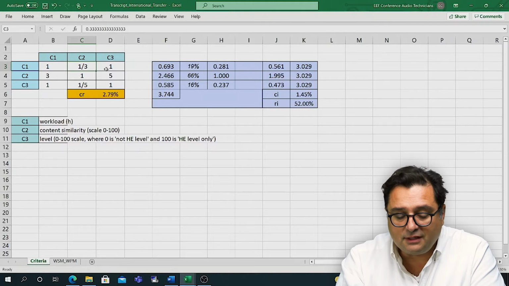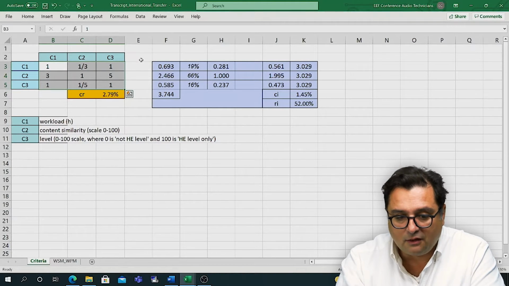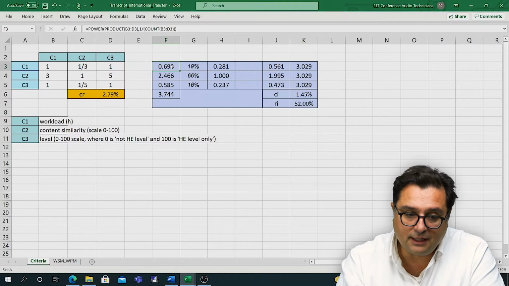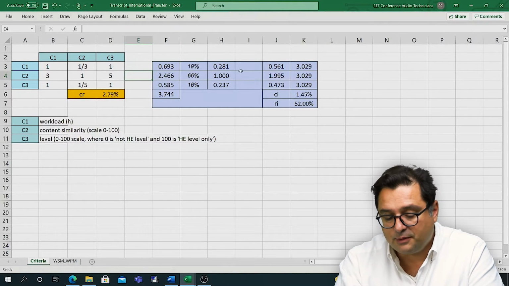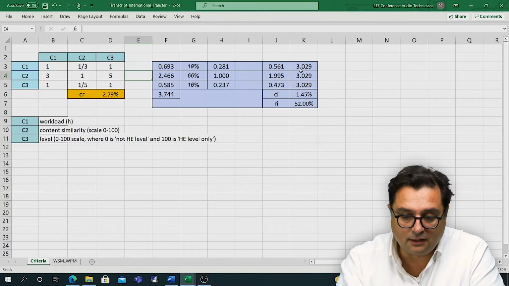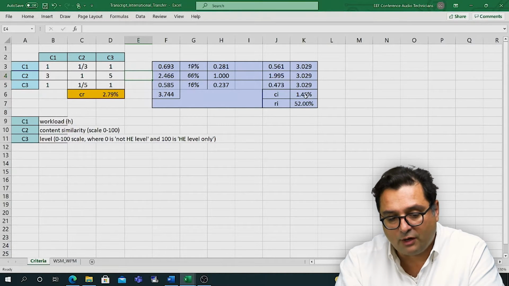So, given this input, this here is our input. Then we perform numerical calculations as per the theory and as per the instructions given in all the relevant papers. And what we derive here is a final ranking, a final weight of all these criteria.